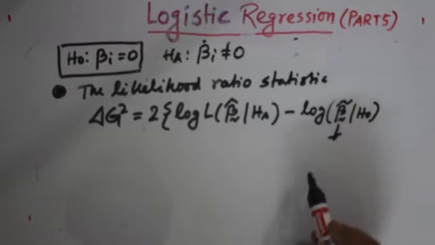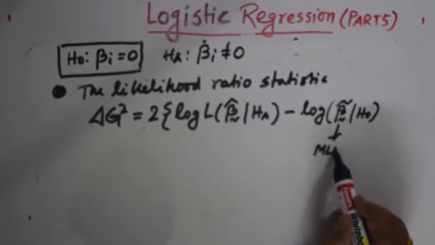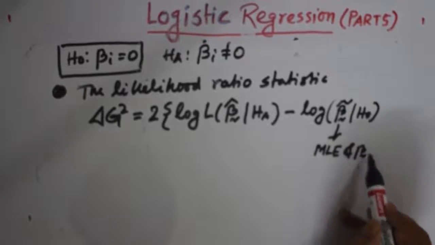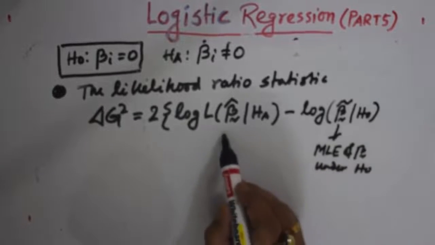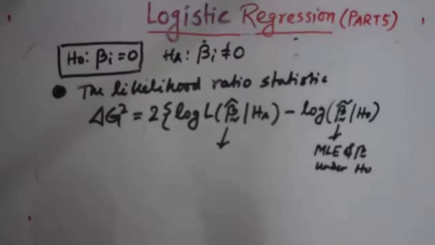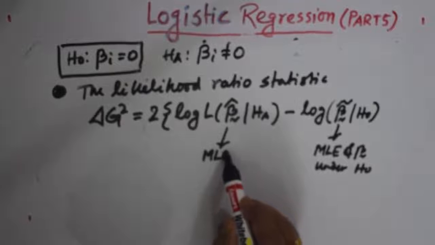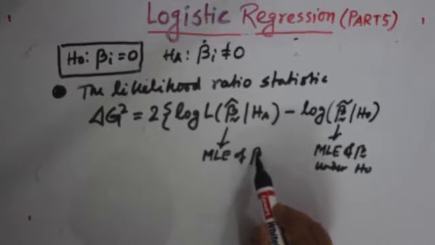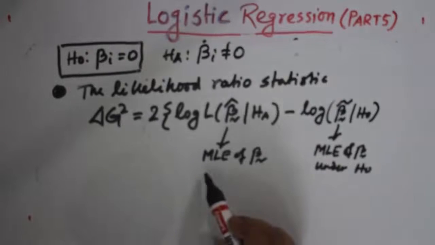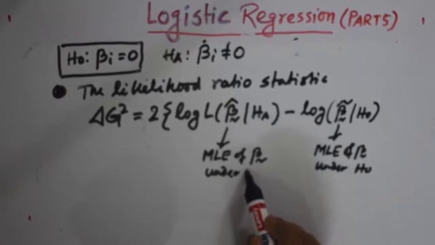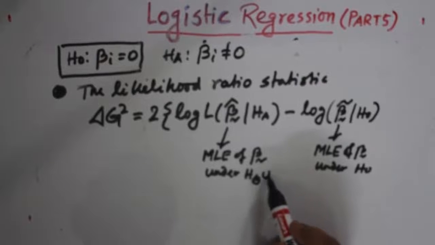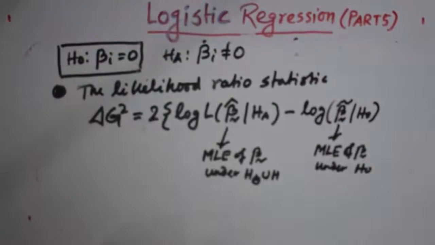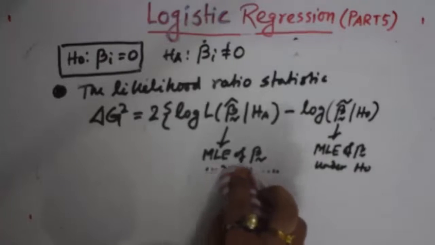This tilde is the MLE of beta under H naught, and beta hat is the MLE of beta under H naught union HA, or rather it is simply the MLE of beta.